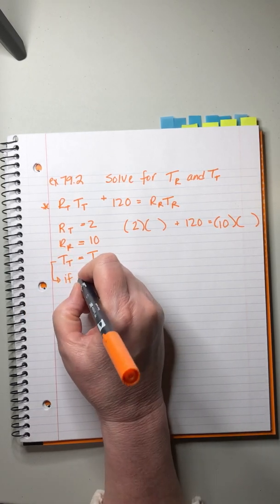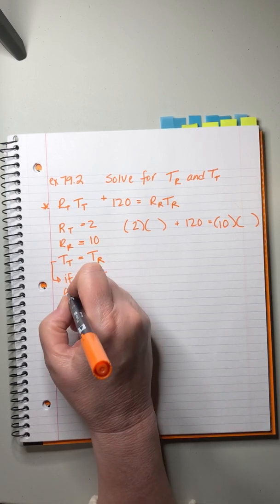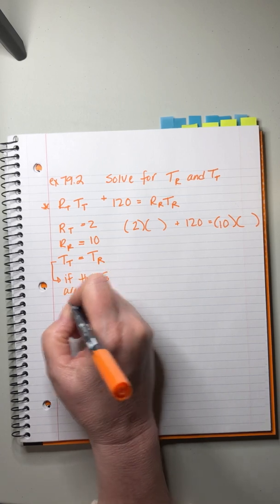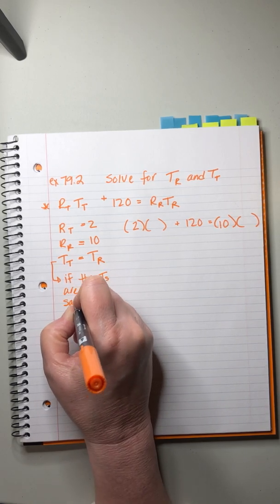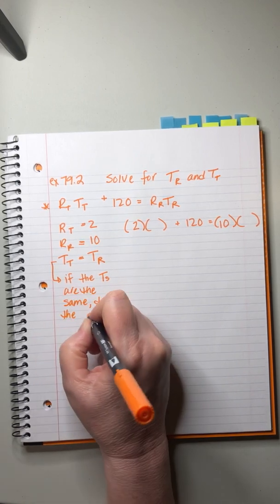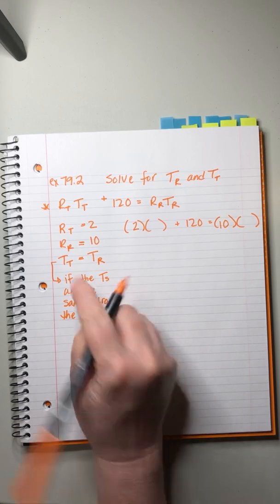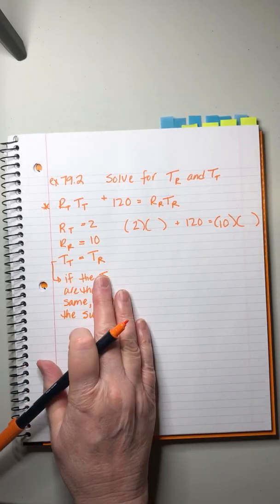If the T's are the same, drop the subscript. What I mean by that is, if the T's are the same, then there's no need to distinguish between them.